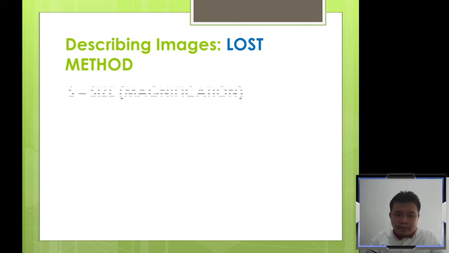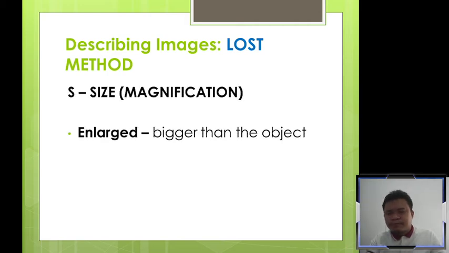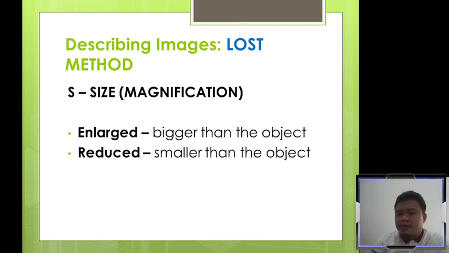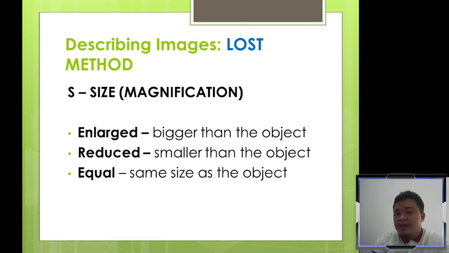Now S is the size, or magnification. Enlarged if it's bigger than the object, reduced if it's smaller than the object, and equal if it has the same size as that of the object. And usually, magnification is solved using a particular formula, which we will be discussing in the next video. Well, technically, we can describe magnification with this reference: if m is equal to 1, that means that the image is equal to the size of the object.